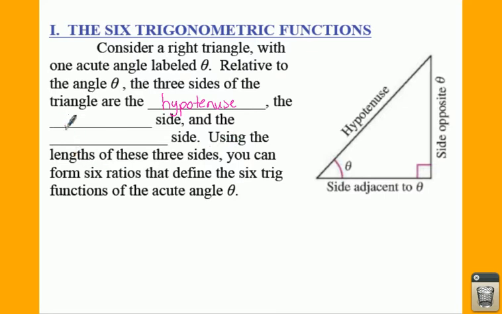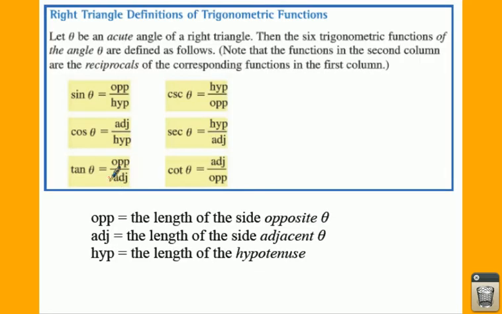You're going to have the opposite side, and then you're also going to have the adjacent side. So we're going to be able to use our hypotenuse, our HYP, our opposite side, and our adjacent side. These will help us find our 6 trig values.